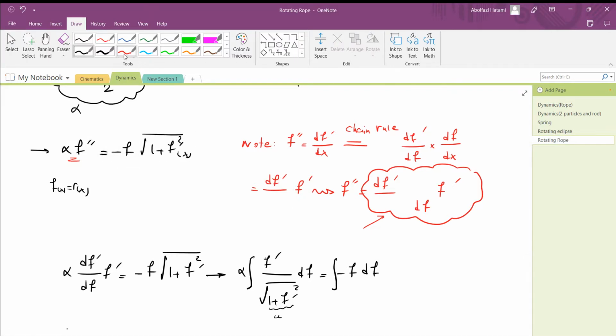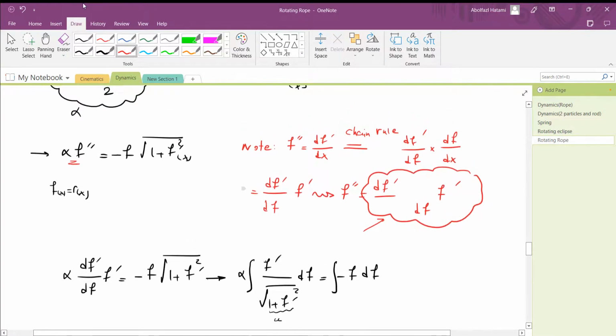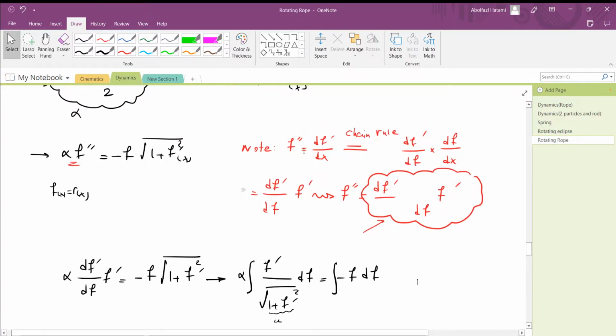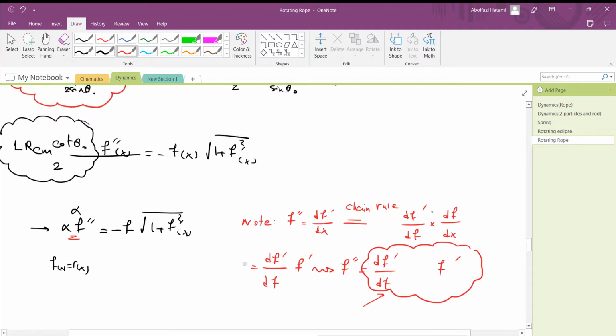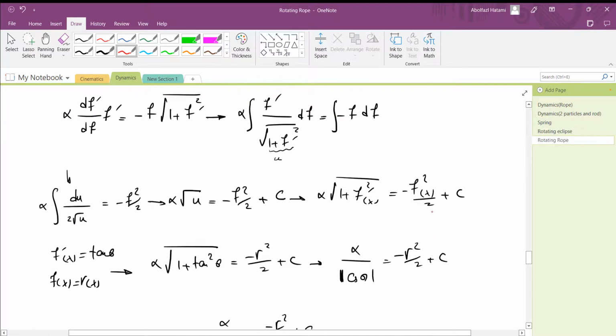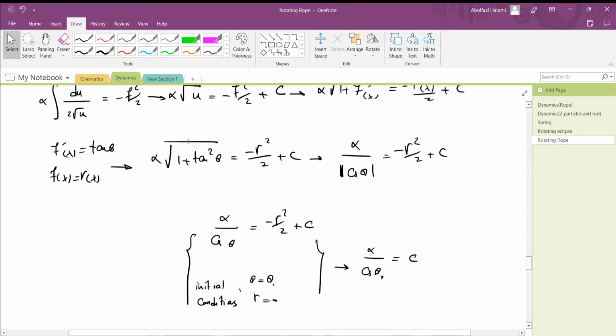We changed the parameters here, and we used the note that f double prime is going to be df prime over df times f prime, and then we found the answer by integration.